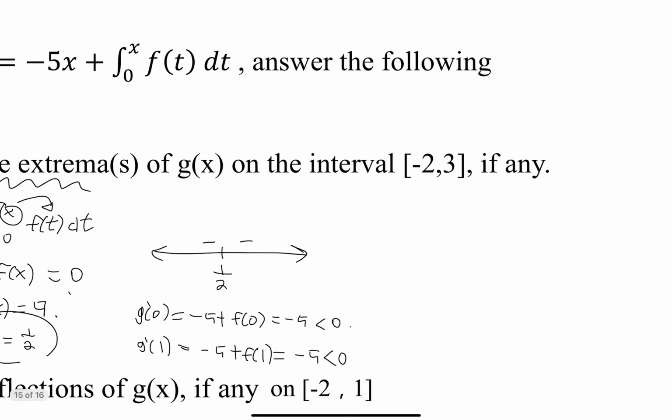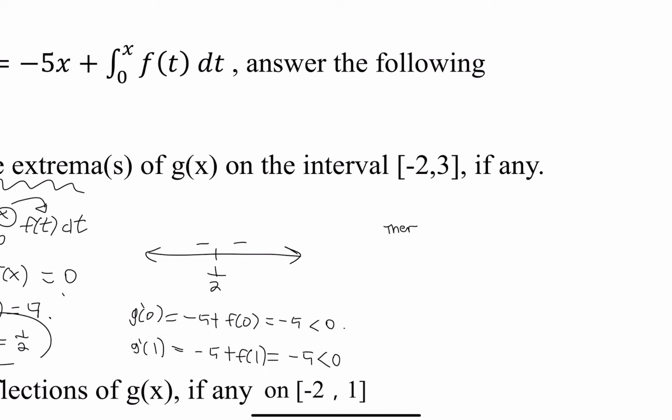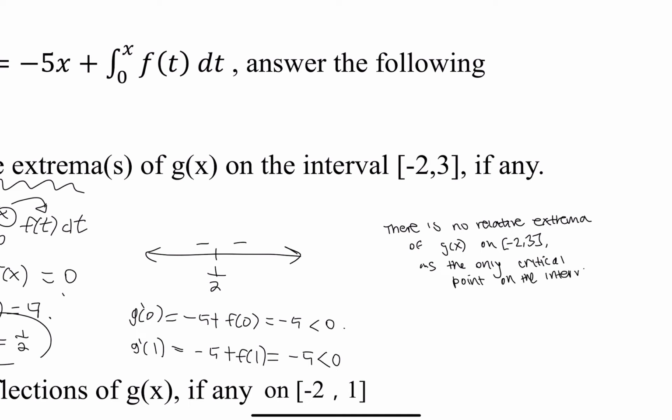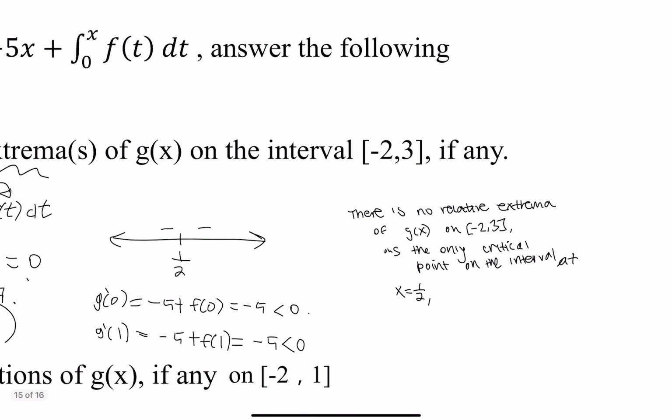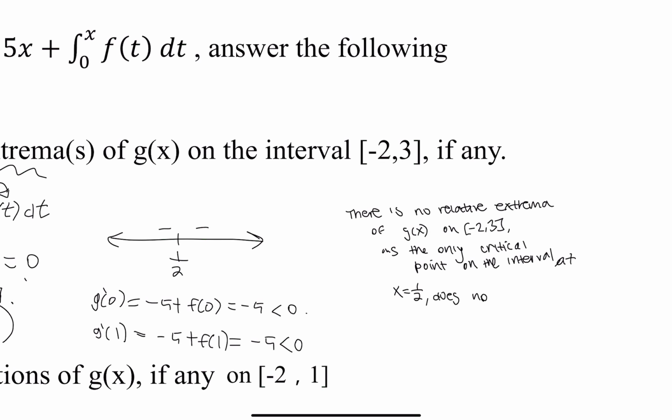Okay, so we're going to write a quick justification. There is no relative extrema of g of x on the interval, as the only critical point on the interval, x equals 1/2, does not produce a sign change in, not f of x, g prime of x.